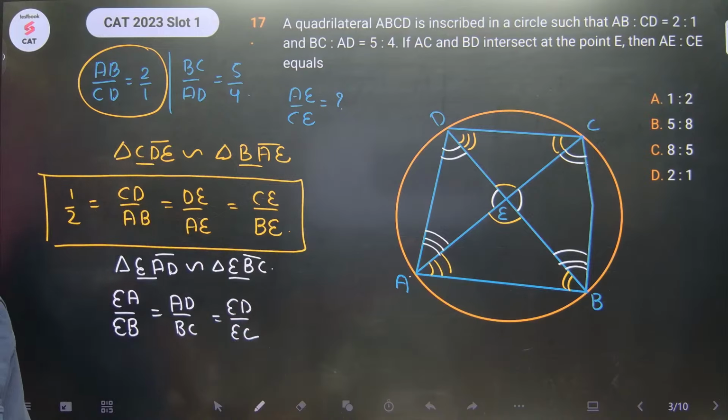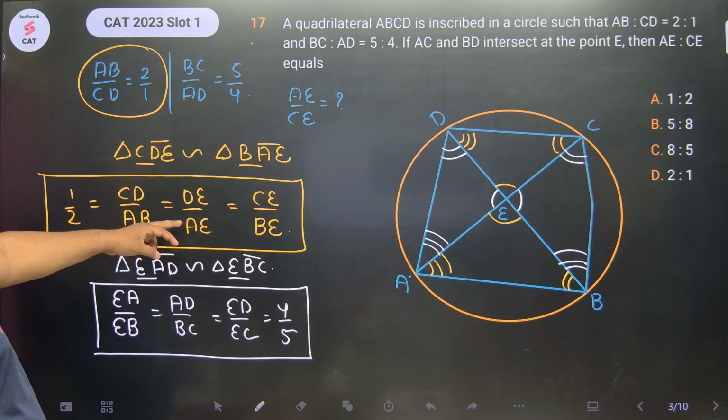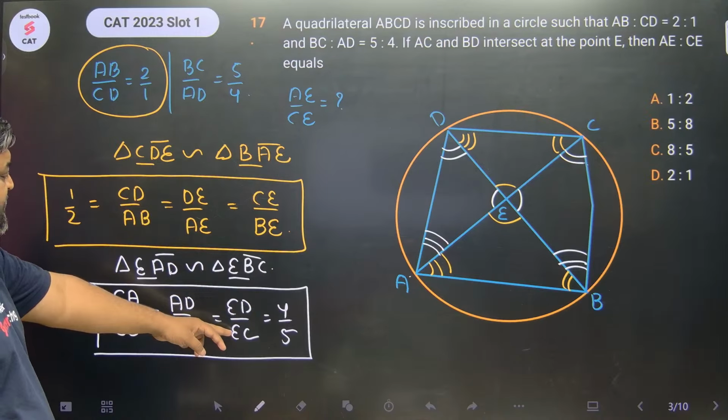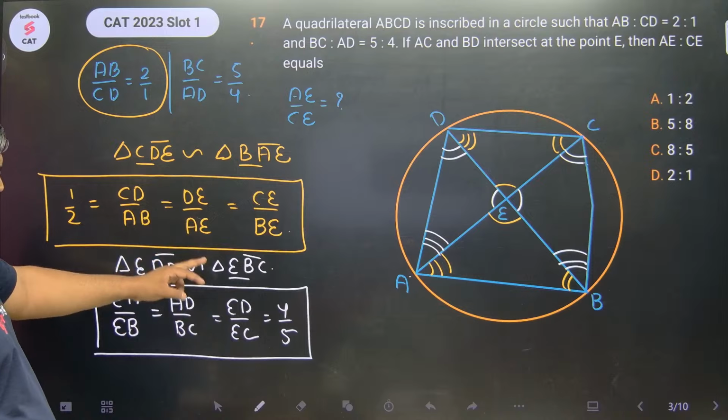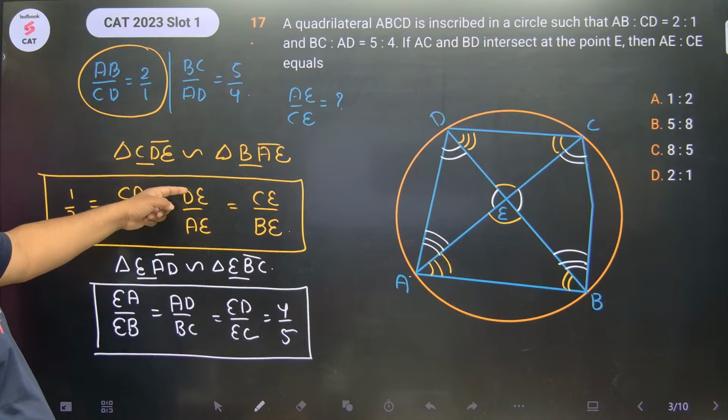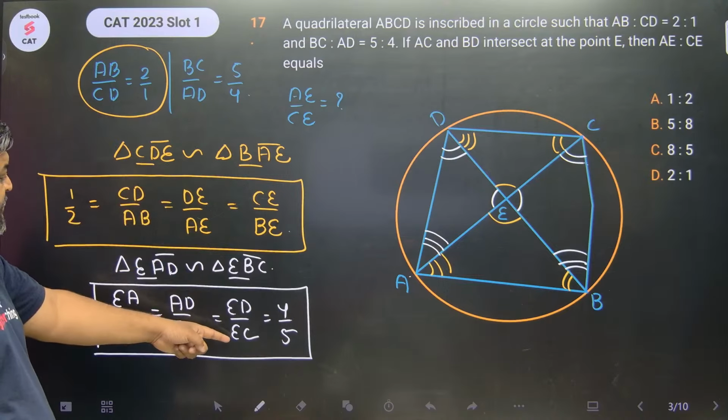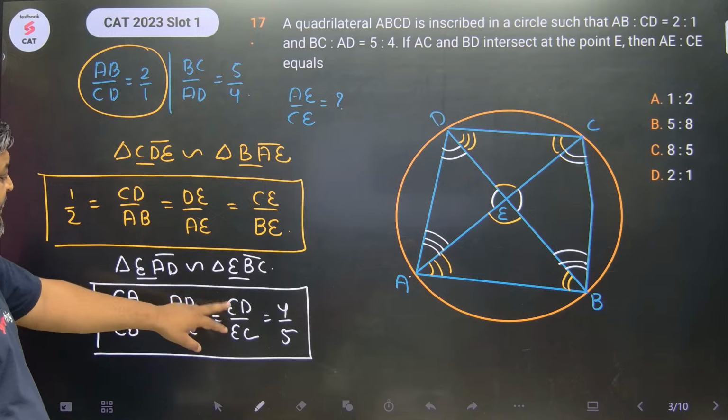We have these two takeaways. What do I have to find? AE by CE. AE is here, CE is here, and AE is also related to ED, CE is also related to ED. So I can take help of these two.